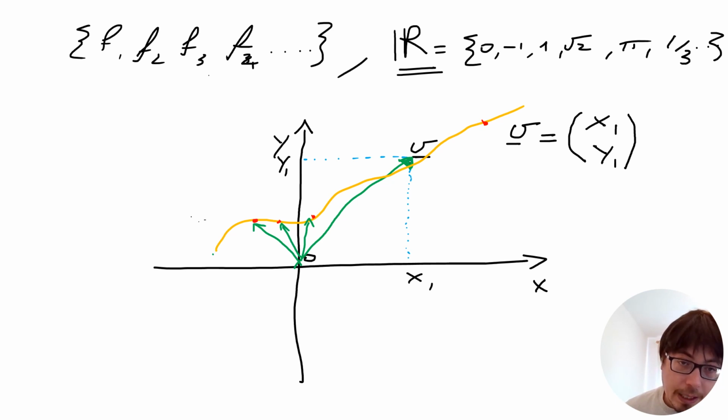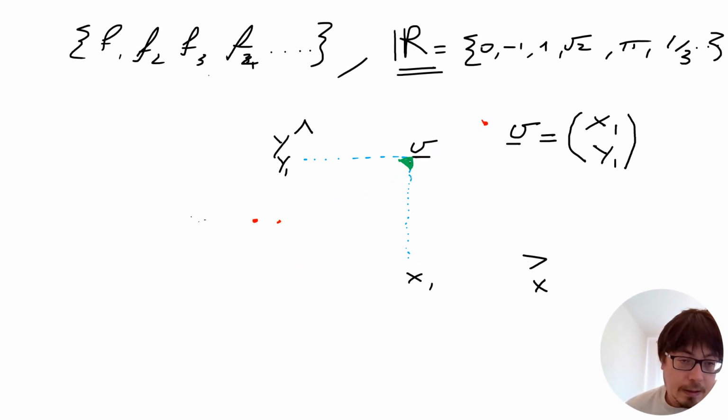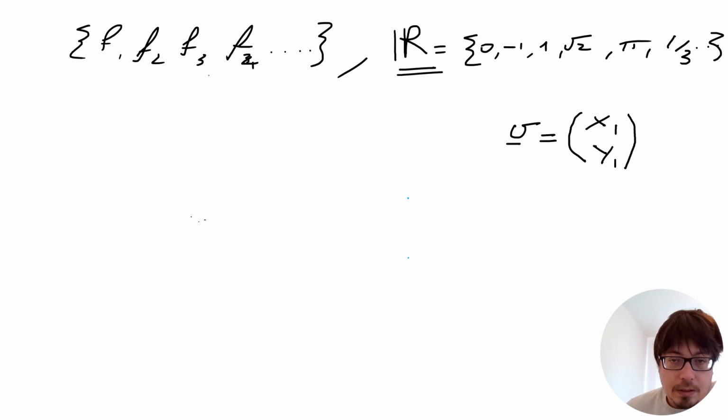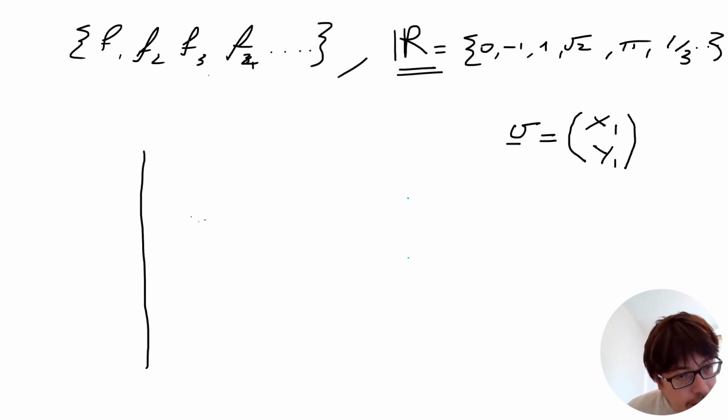Okay, so let's cancel this picture and draw another. Two things about the vector. Let's see if I can do it quickly.